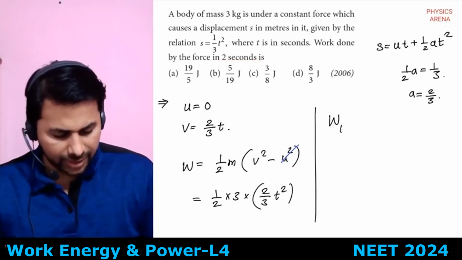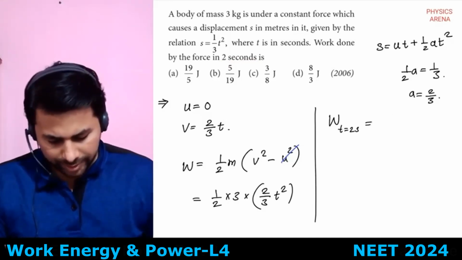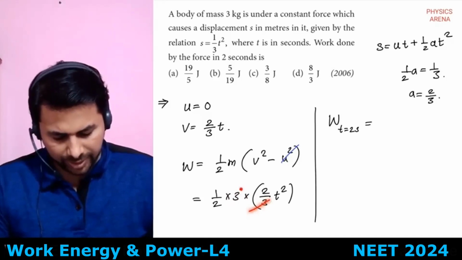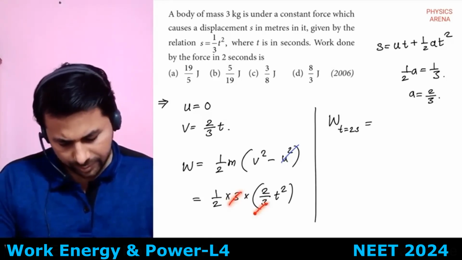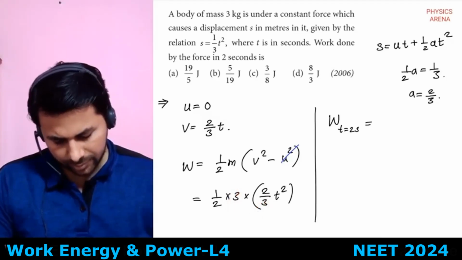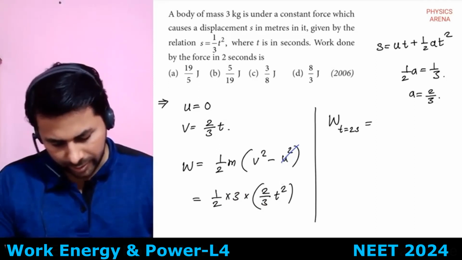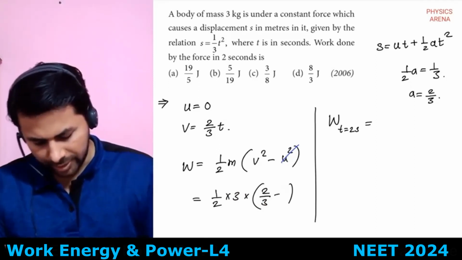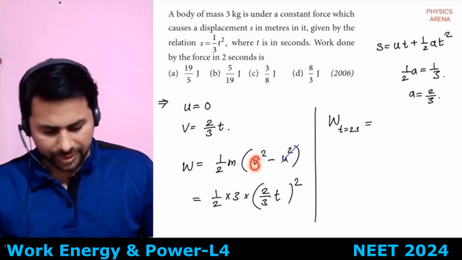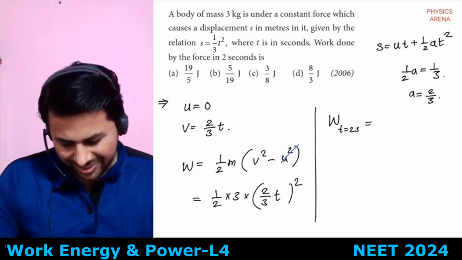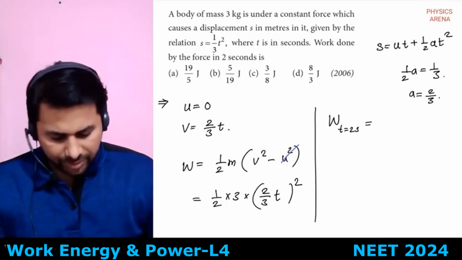So W at t equals 2 seconds is equal to, this is 3 by 3, this will get cancelled, right? No, we want to square the whole term, v squared. So let's square it.